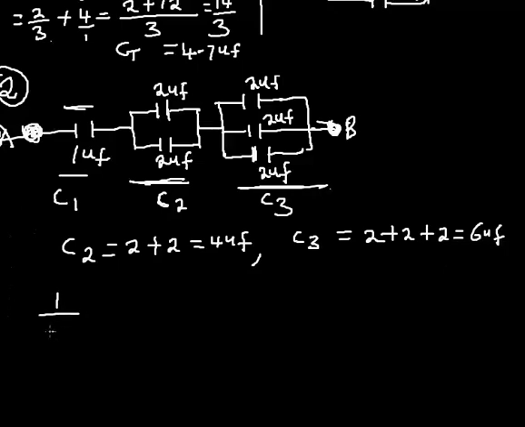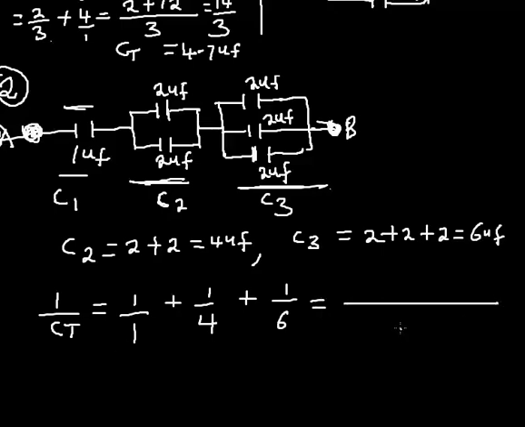Now evaluating everything, I'm going to have 1 over CT equal to 1 over C1, that's 1 over 1, plus 1 over C2, that's 1 over 4, plus 1 over 6. Applying LCM, the LCM of the denominators is 12. 12 divided by 1 is 12, 12 times 1 is 12. Then 12 divided by 4 is 3, 3 times 1 is 3.